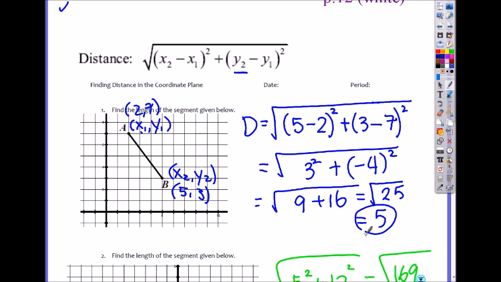So the distance is 5. So that's one way to do it. If they give you a graph, you can also find the distance in a different way. How? What they did for x2 minus x1 is to find this x distance, which was 3, which you can easily count, right? 1, 2, 3.